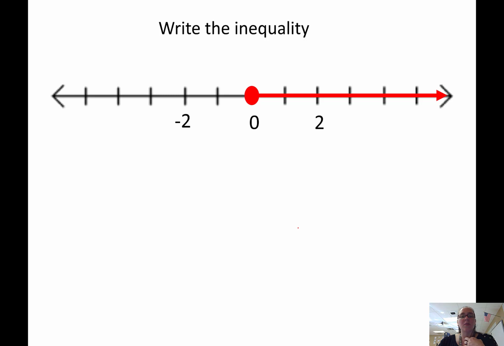All right, let's look at the next one. Open or closed circle? It is closed, so we've got less than or equal to or greater than or equal to as our options. Shaded to the right or to the left? It's to the right, so that tells me it's greater than. So we're going to get x is greater than or equal to, and where's my dot at? 0.